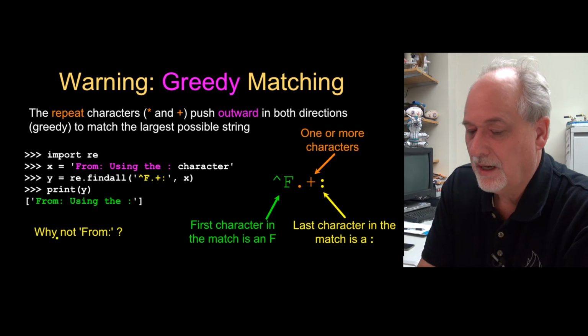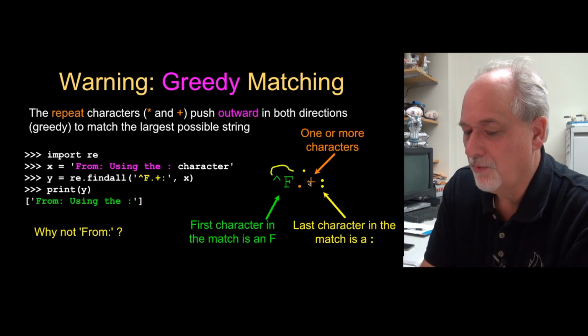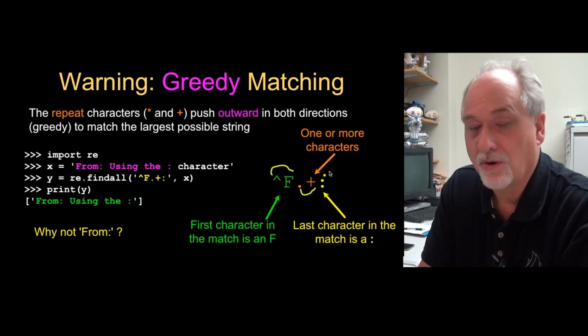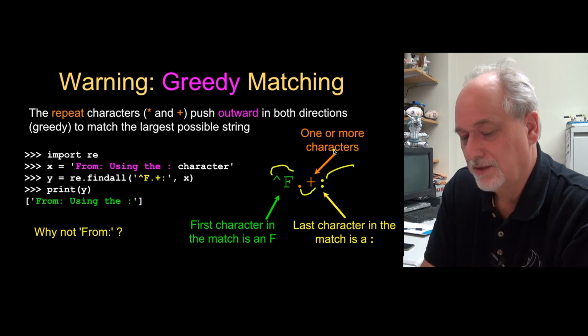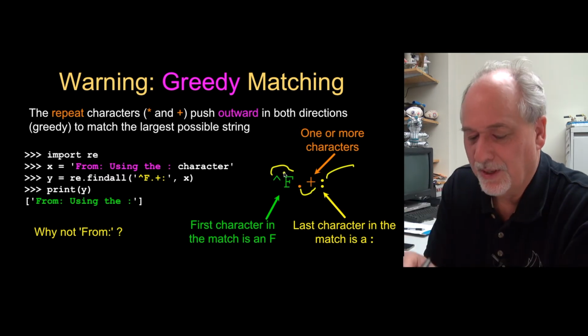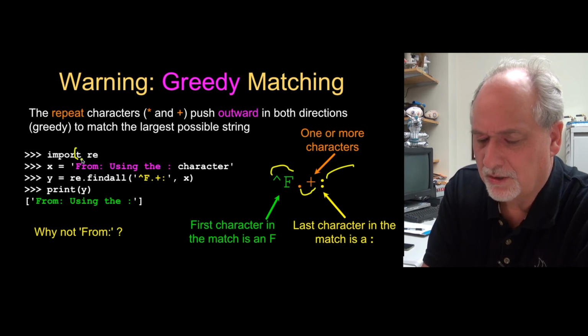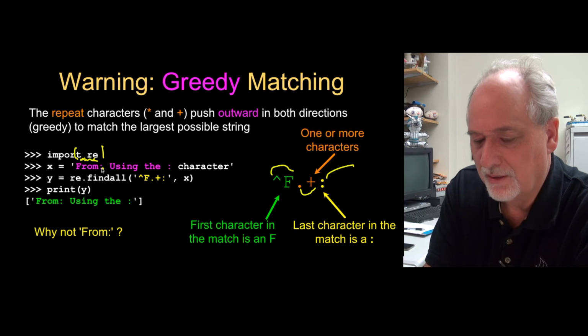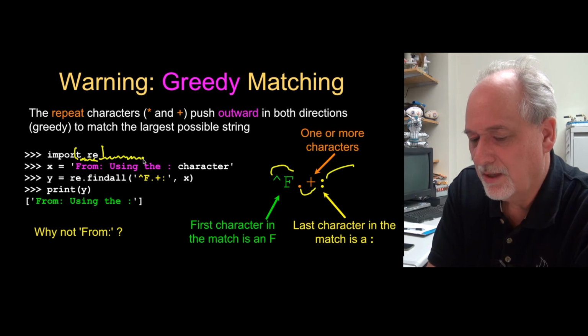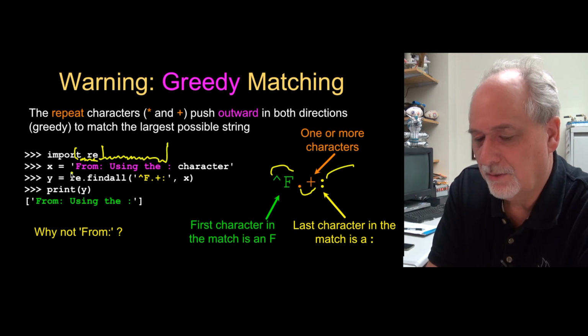We're saying, I want something that starts with an F, has 1 or more characters, and ends with a colon. So that's my little template. Starts with an F, good. 1 or more characters, da da da da da, have a colon. So that could be from colon, that would match. But look, I've got another colon here, and this is just continuing on with 1 or more characters. So the question is, do we get this or do we get this part?